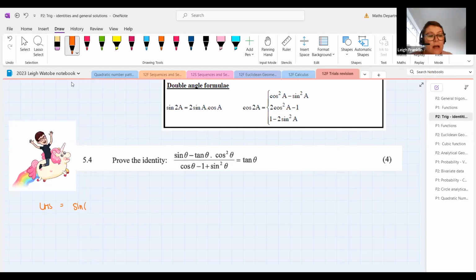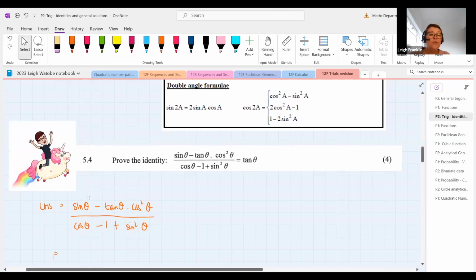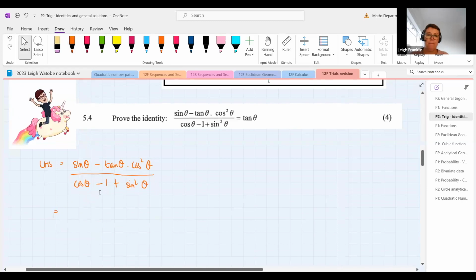We'd have sine theta minus tan theta times cos squared theta, all over cos theta minus 1 plus sine squared theta. So quite a lot going on on the left-hand side over here. What would you do in the numerator?